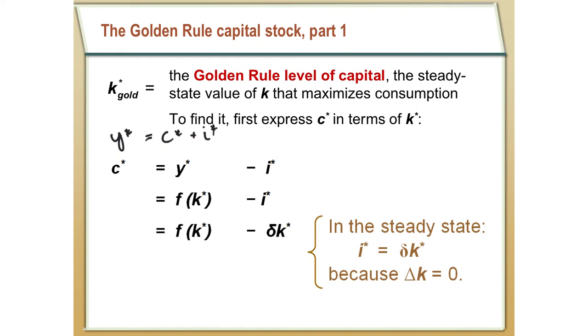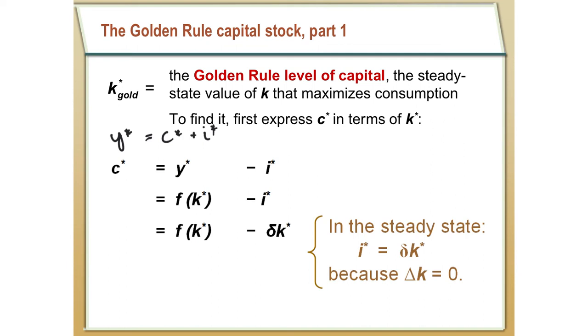So we're just going to do a little bit of rearranging. If we isolate C, and let me move it over to the left-hand side. So just again rearranging this first equation, we can say that C star is equal to Y star minus I star. So now we want to see how C star is related to K star, so we need to do some substitution here.